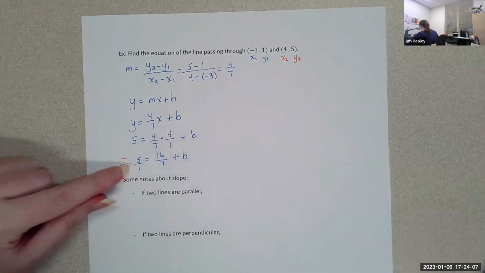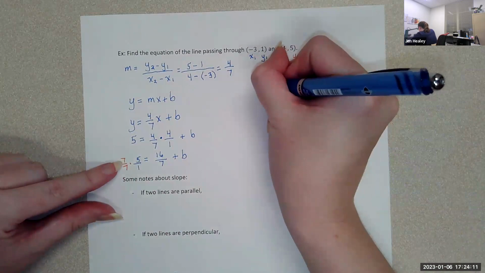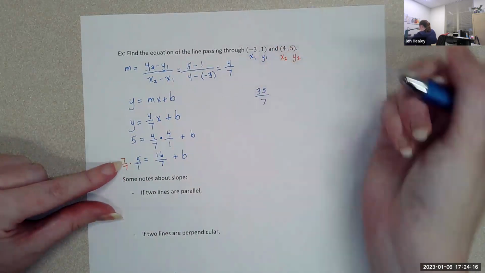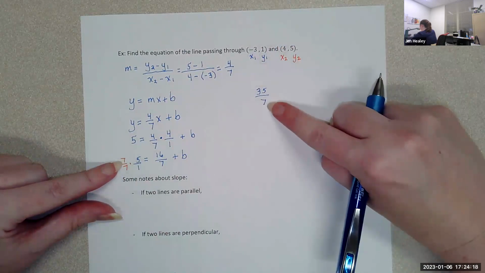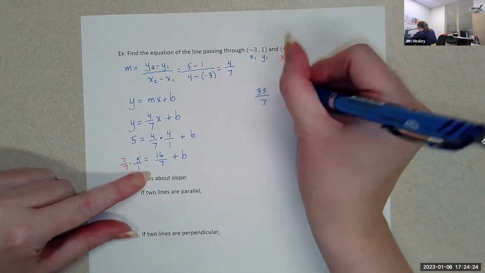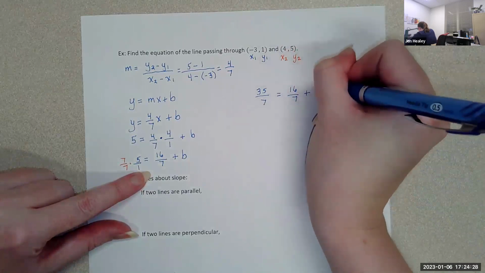So I'm going to go ahead and rewrite this line up here. And I'm going to make it 35/7. And do you agree 35/7 is still just 5? I haven't changed anything. I just changed how I wrote it. And so then that's equal to 16/7 plus b.